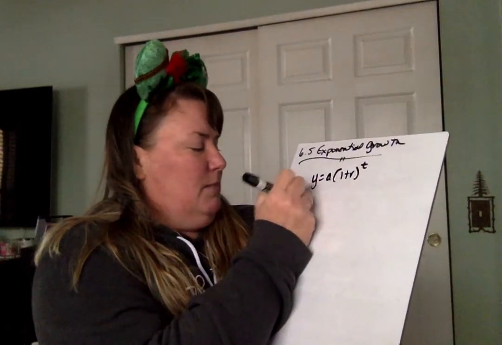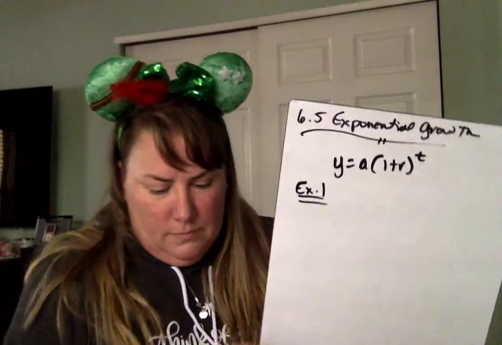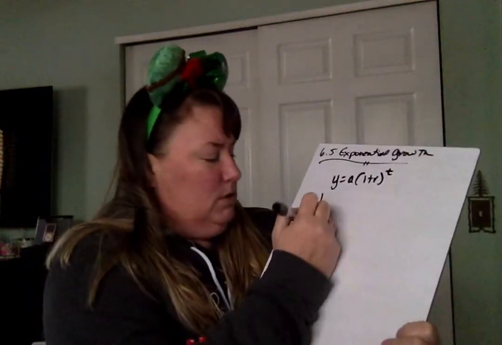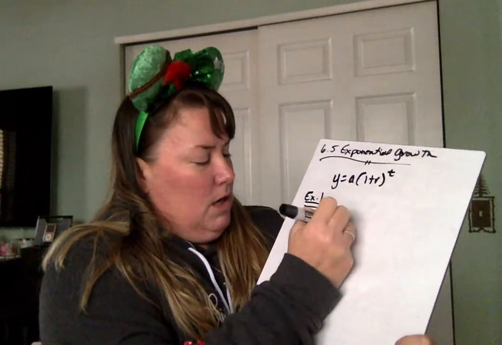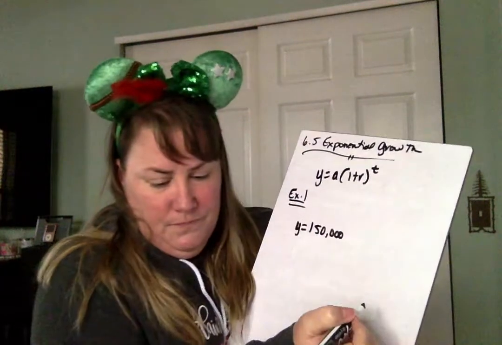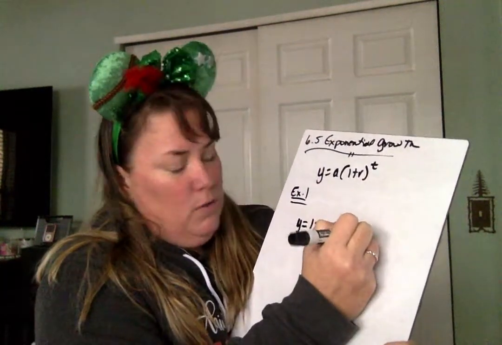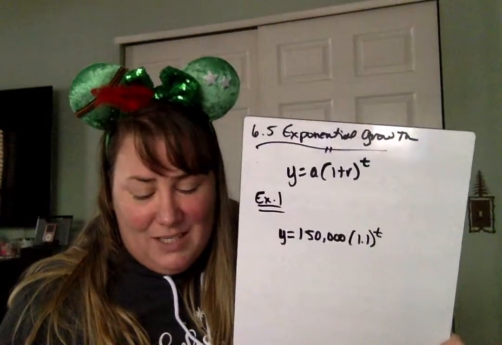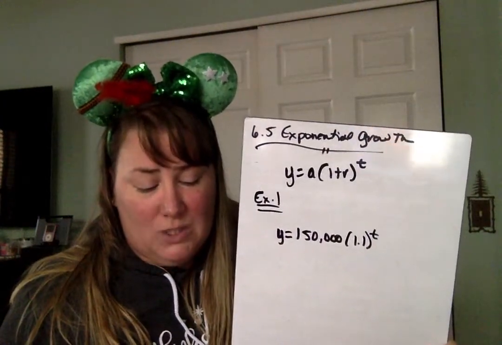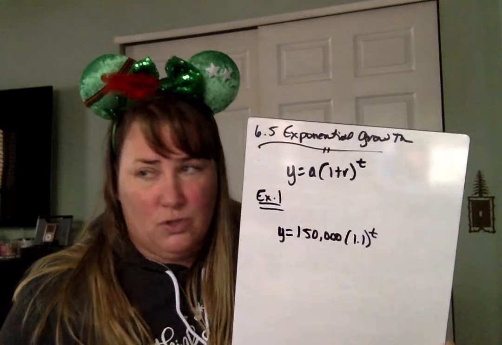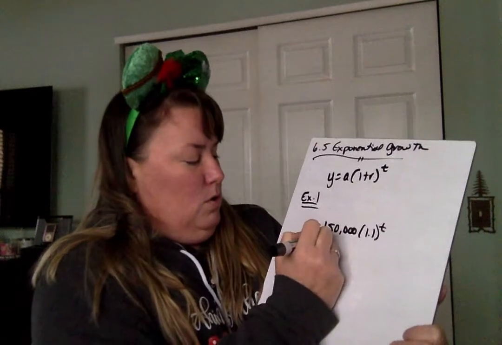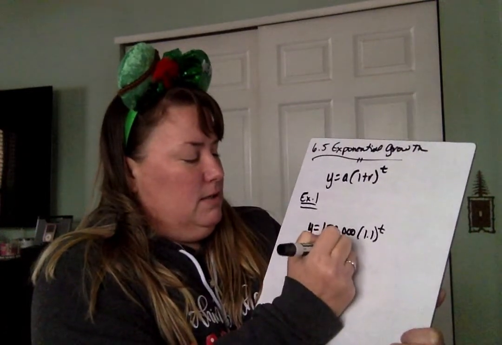And now we have example 1. It says the function Y equals 150,000 times quantity 1.1 to the T. So this function represents the attendance Y at a music festival T years after 2010. Okay, so Y is the attendance.